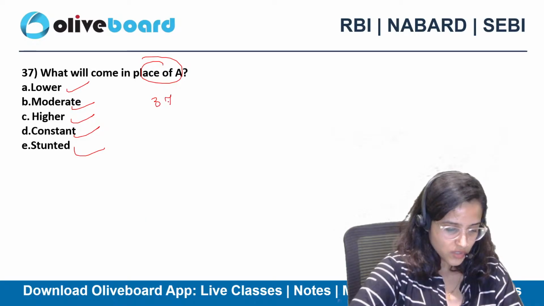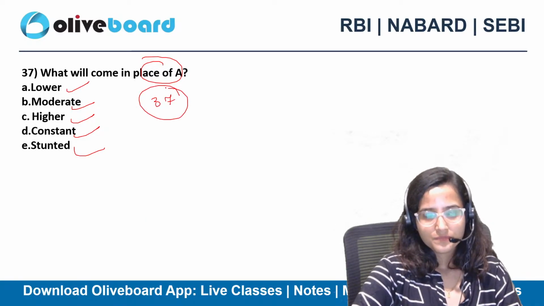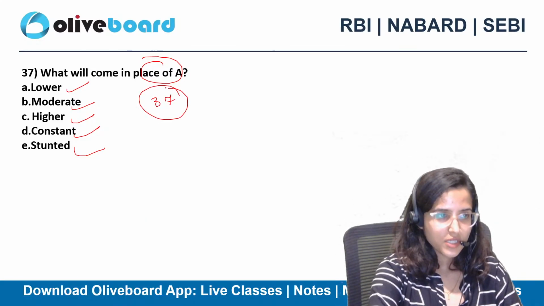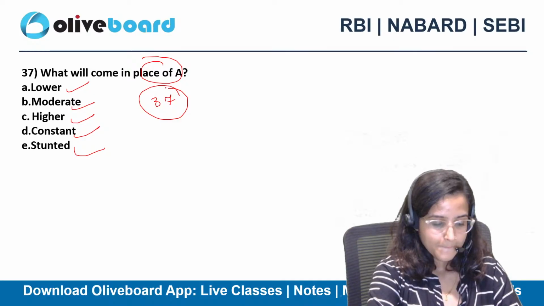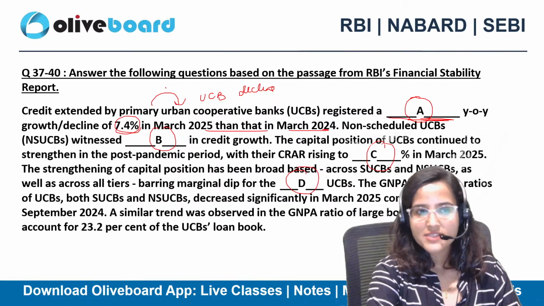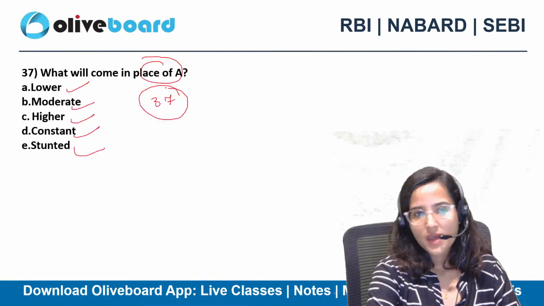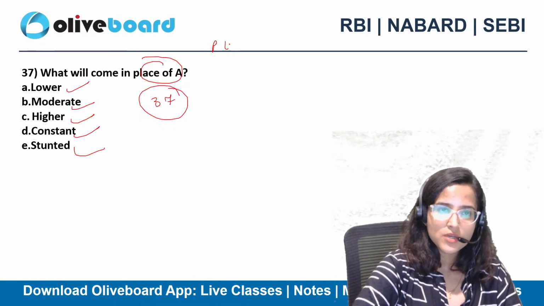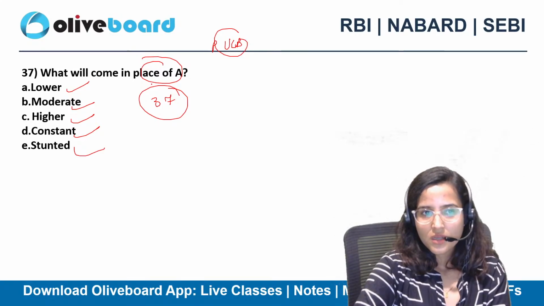37th question. A, B, C, D, or E? Credit extended by primary urban cooperative banks. We're talking about primary urban cooperative banks over here.